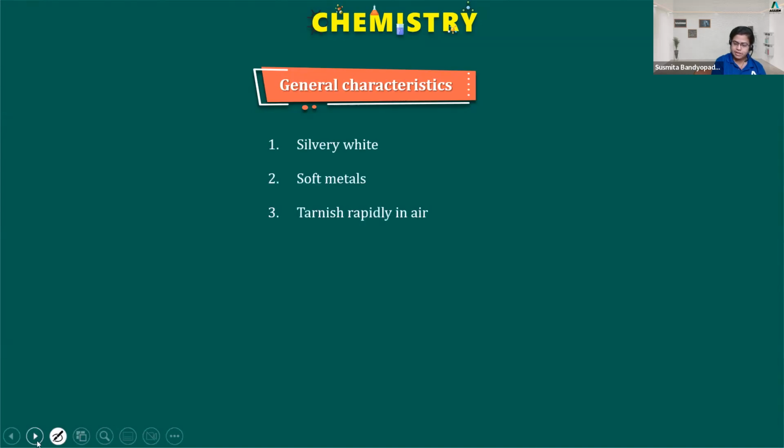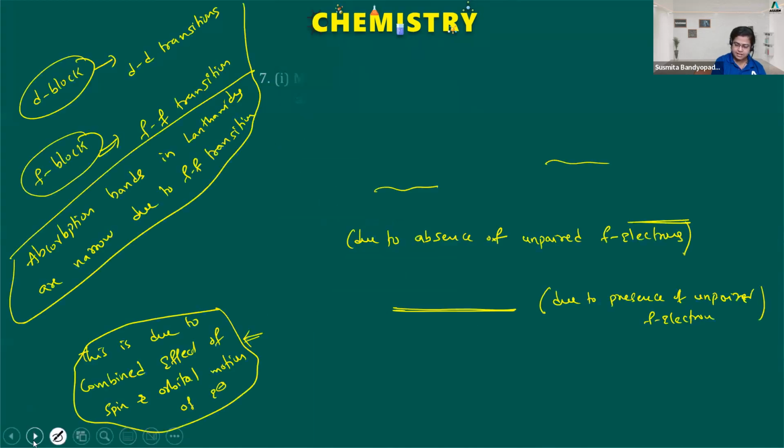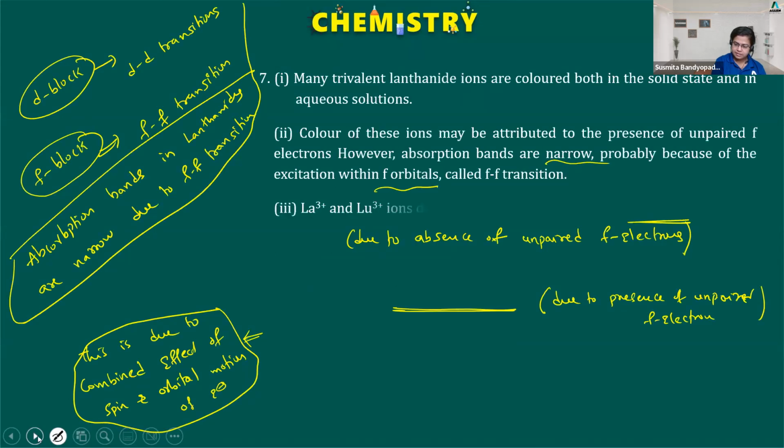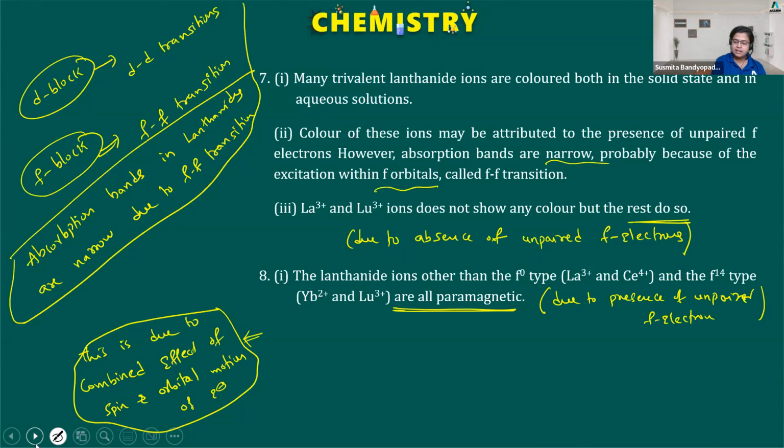Silvery white soft metals. Tarnishing means getting oxidized easily in air. Metallic structure, good conductors of heat as well as electricity. Students, color, as I was just now telling, is due to the presence of, see, if there's an unpaired electron, d-d transitions will take place.